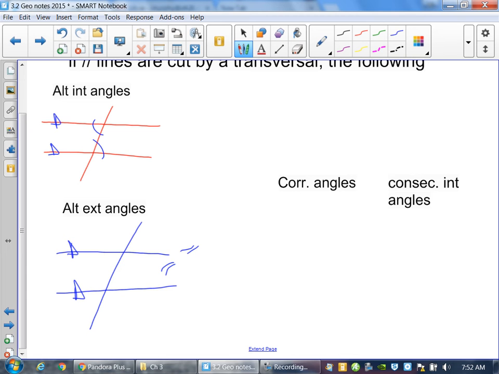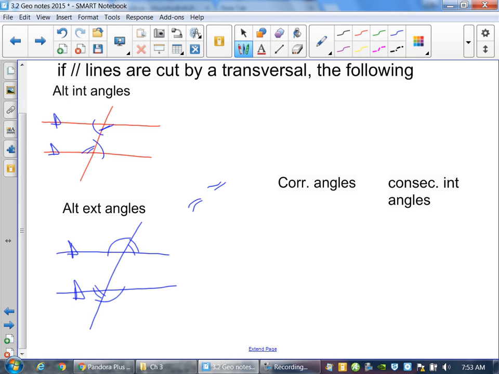Sometimes it's tough to throw in where you have two of them, so these two would be the same, because you have two different angles. Alternate exterior, outsides. Those two would be the same. And those two would be the same.